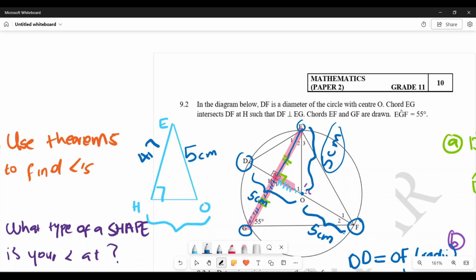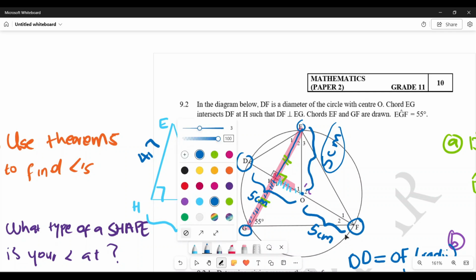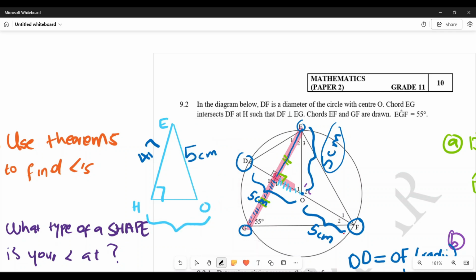Now, I'm trying to find OH. This is my right angle triangle. What properties of this right angle triangle can I use to find OH? Remember, whenever you determine a line in a right angle triangle, you would need to make use of your theorem of Pythagoras. So this line that is opposite to my 90 degrees will be my hypotenuse, right? This would be my opposite, and this would be my adjacent in this instance.